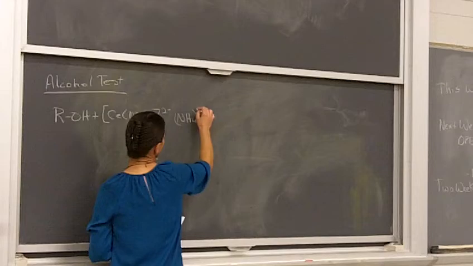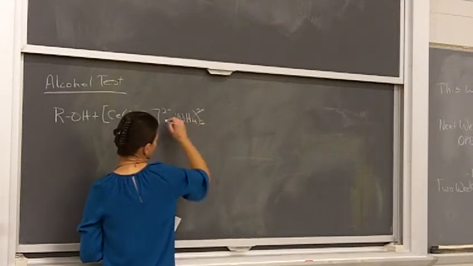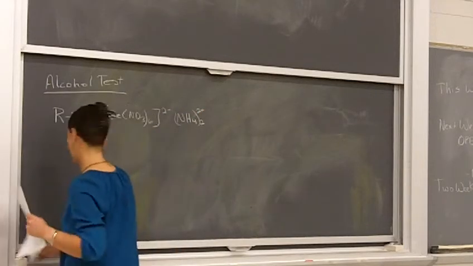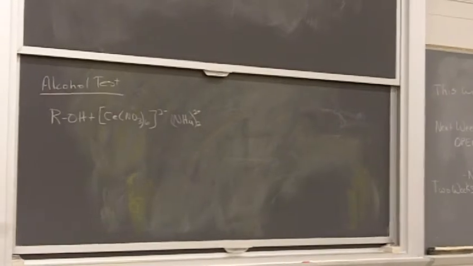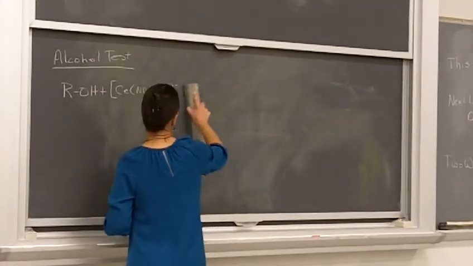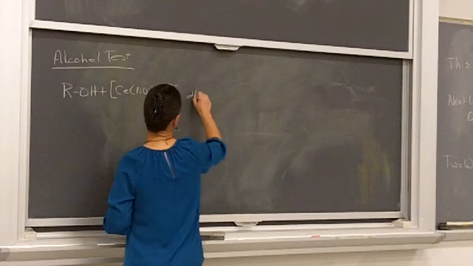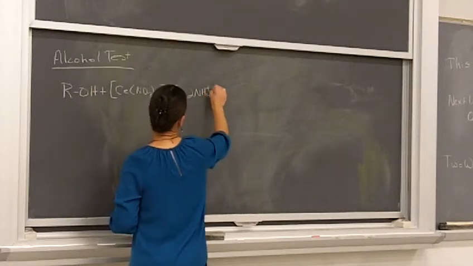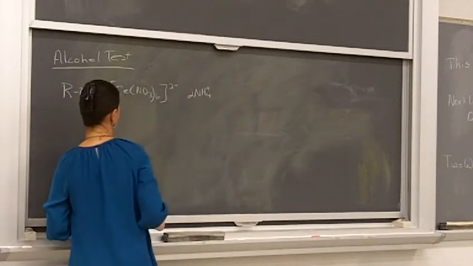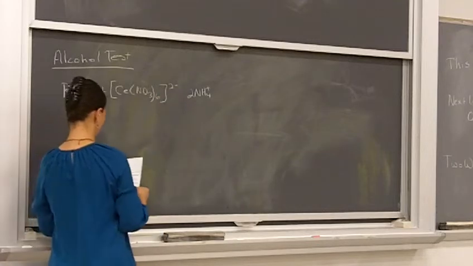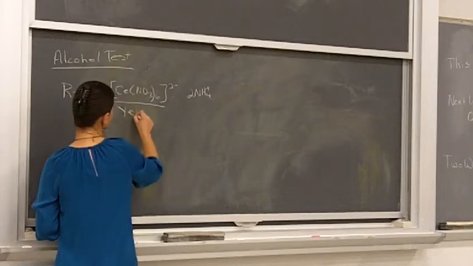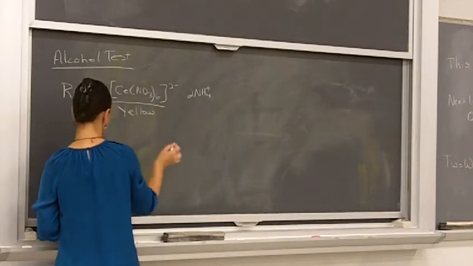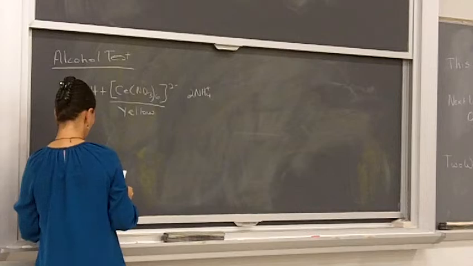So you'd have 2 of those hanging out there with your ammonia, all right? Okay, so here are our counter ions. They don't participate at all, okay? So we start with a yellow solution, maybe a little yellow orangey solution.